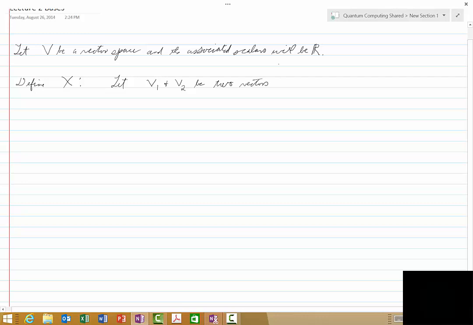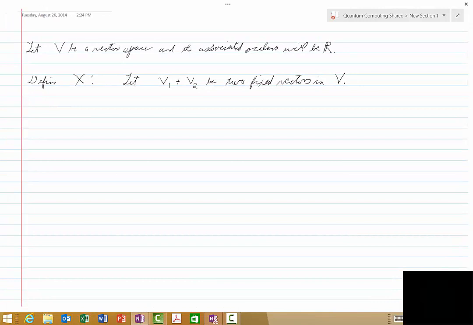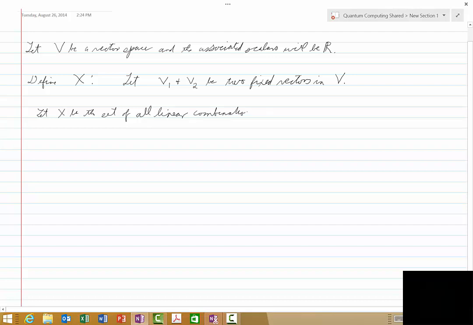Let me say here, I want to be real careful my point is clear, so I'll say two fixed vectors in V. Then we're going to let X be the set of all linear combinations of V1 and V2.